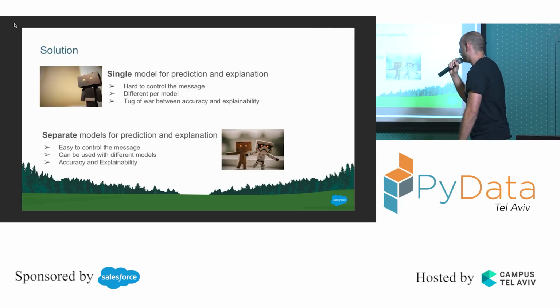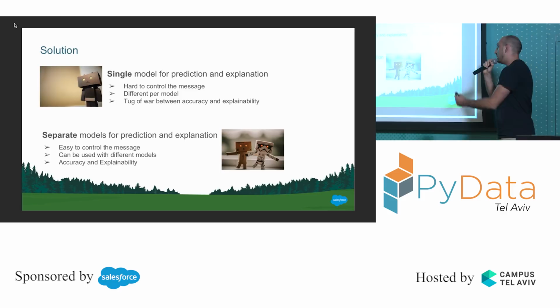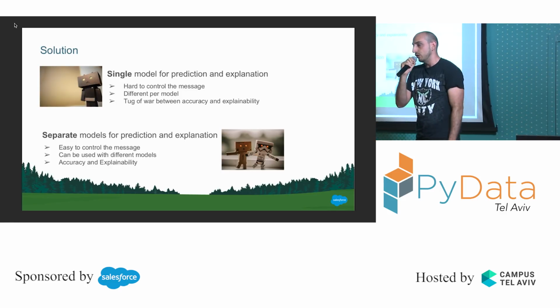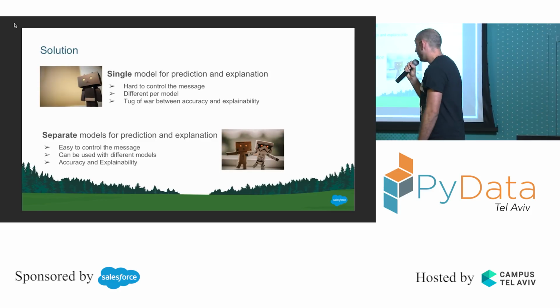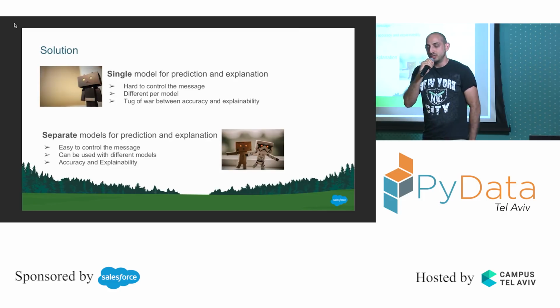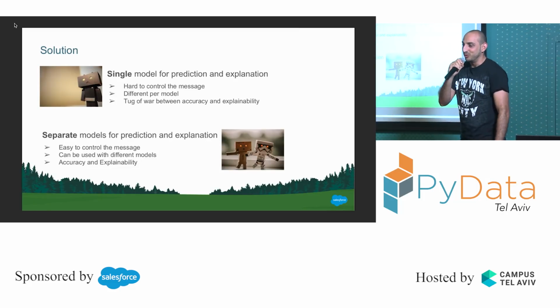So this is a great advantage to us. And it also allows us to get explainability and accuracy without having a trade-off. Now, there is an issue here that we might get sort of conflicting information between our models, because we're using two separate ones.